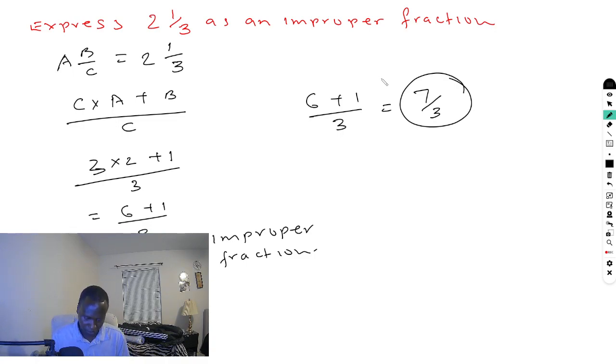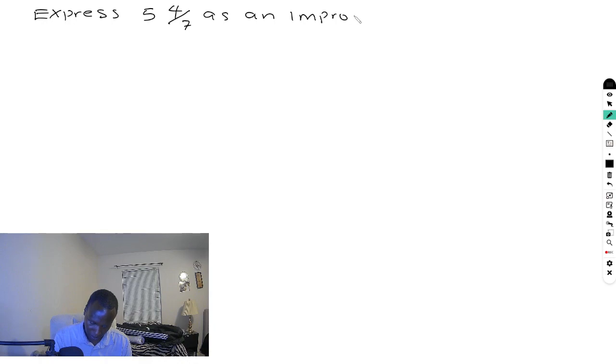So let's do another one. Let me clear my window. Another one is: express 5 4 over 7 as an improper fraction.